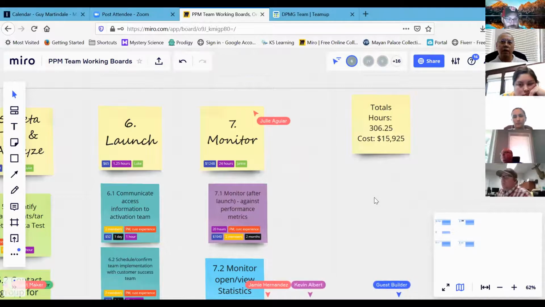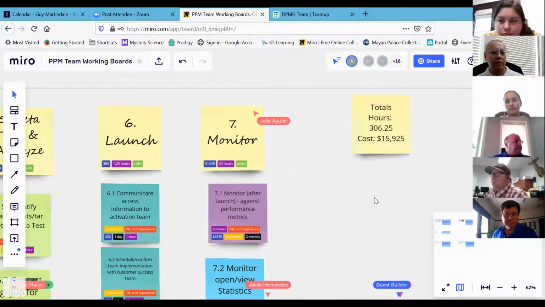Team, walk through how you rolled up your hours and your dollars, what dollar rate you use internally, and compare that to your original budget identified during the project brief. Then each team member gives a reflection for today.